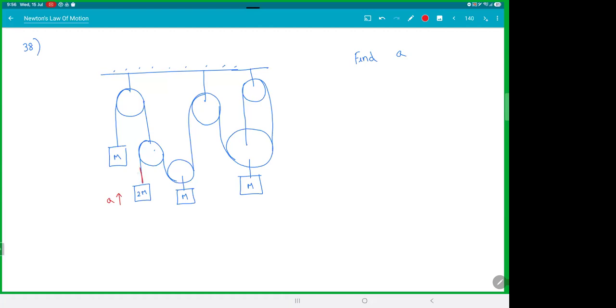So start from here. Let this be tension T. Get all the remaining tensions. Get the coefficients. The coefficient of T first, and then you're done.